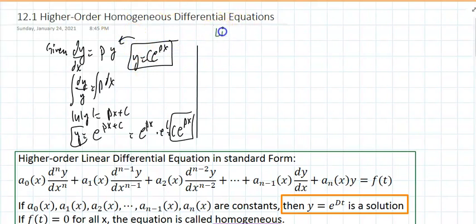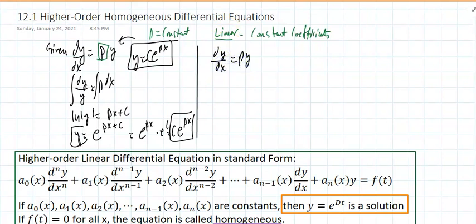If I'm looking at a linear differential equation with constant coefficients, so p of x is a constant, not a function of x, a constant, I could take this equation and say, let y equal e to the dx.